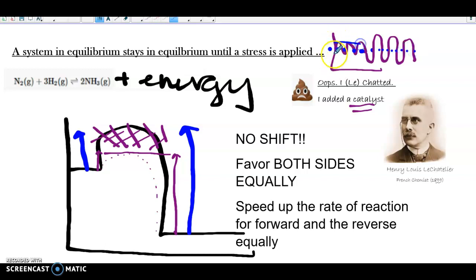Do you see the difference? They're both being affected equally the same exact way. That's the concept. I'm trimming a little bit off the top, but both the forward and the reverse are affected the same exact way.